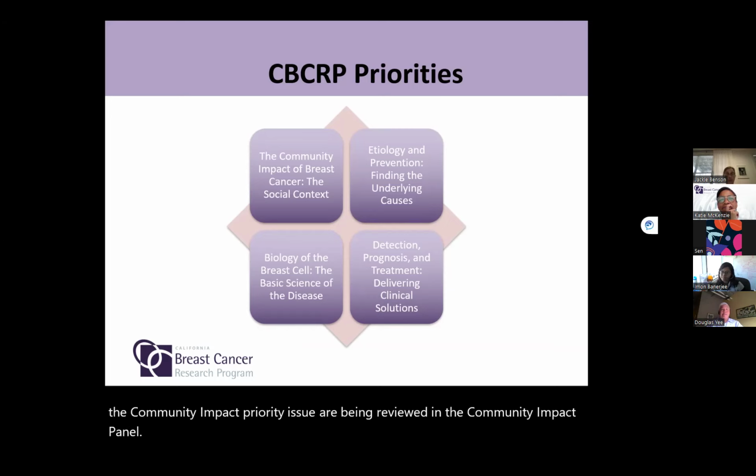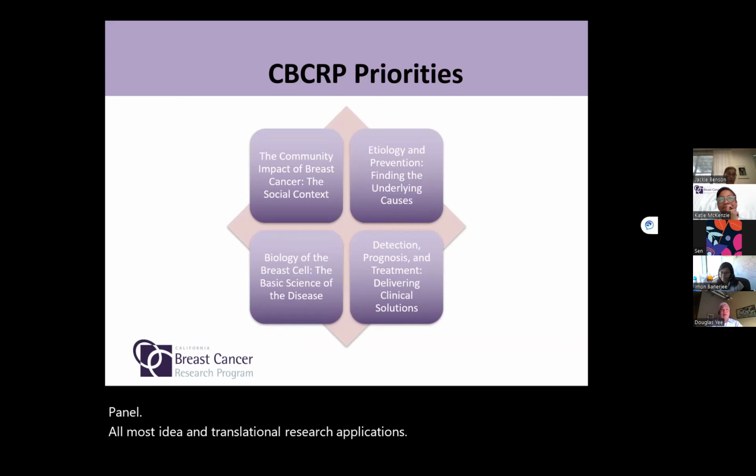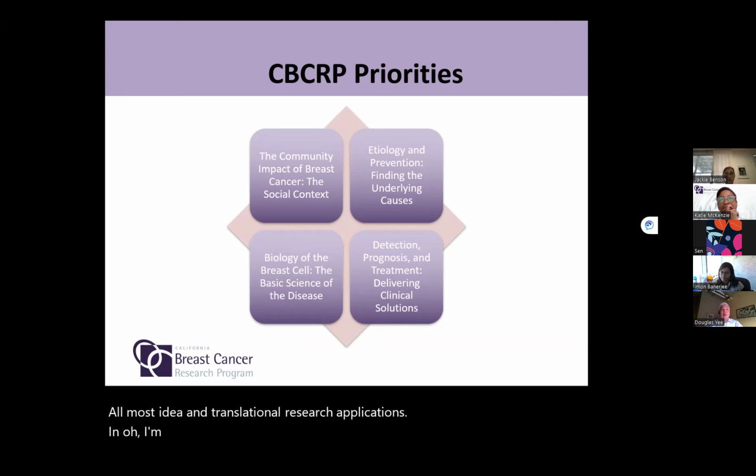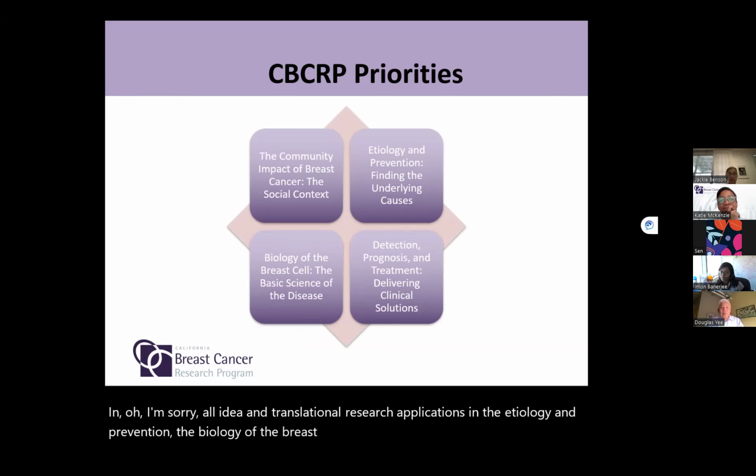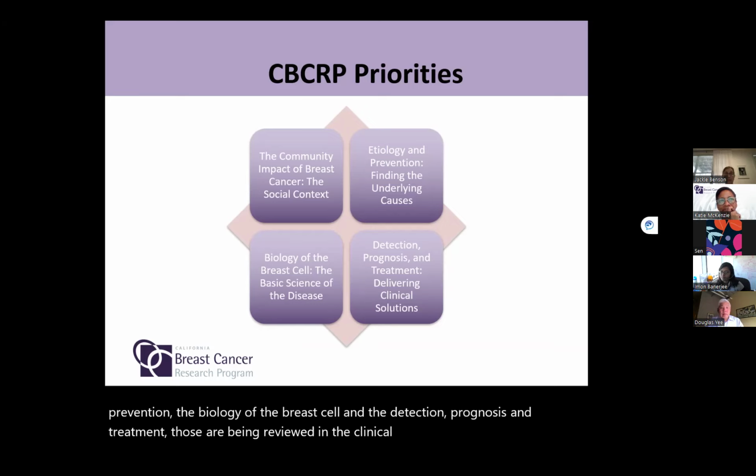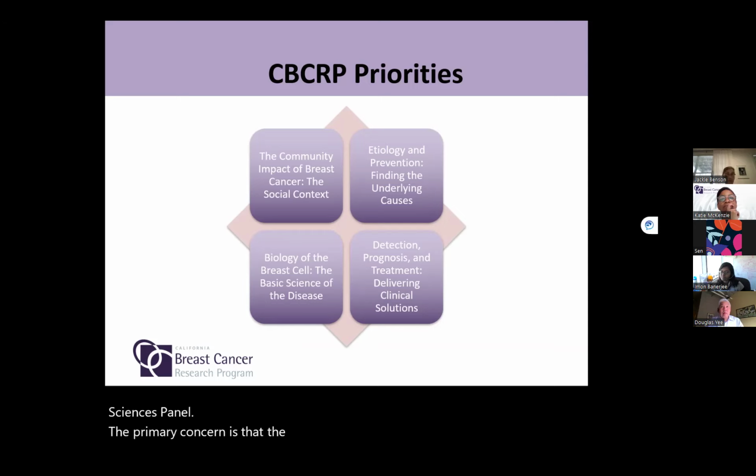Most idea and translational research applications in etiology and prevention, the biology of the breast cell, and detection, prognosis, and treatment are being reviewed in the Clinical Prevention and Biological Sciences panel. The primary concern is that the research must directly address a breast cancer issue or question.